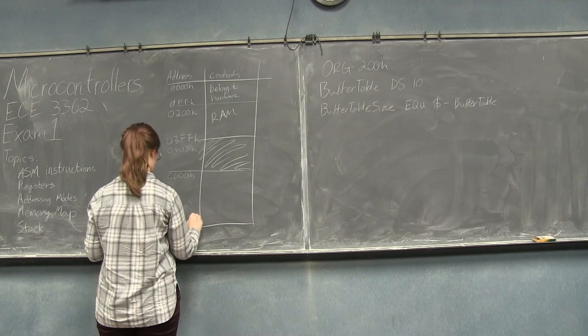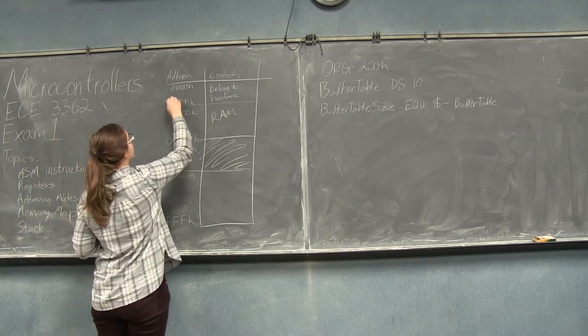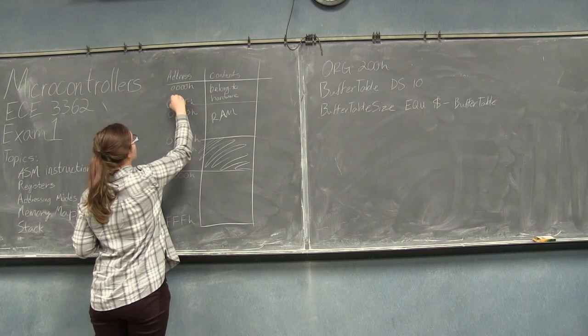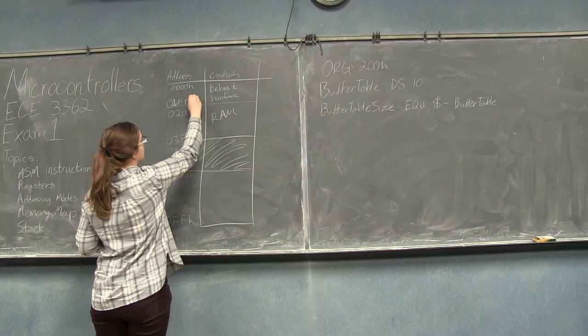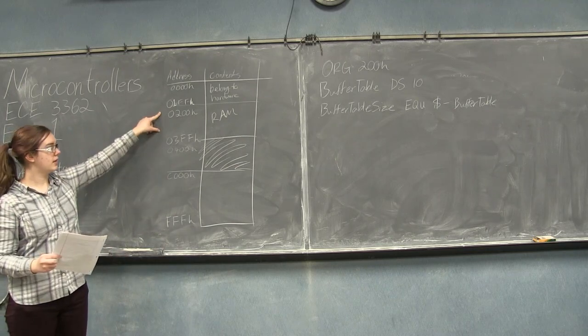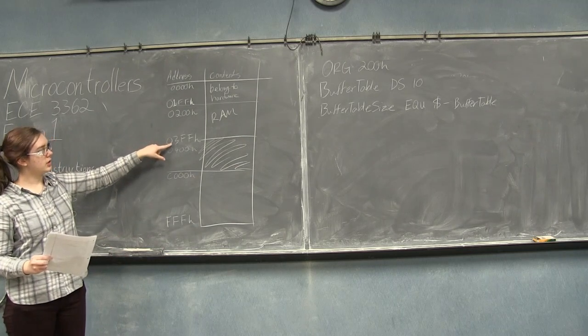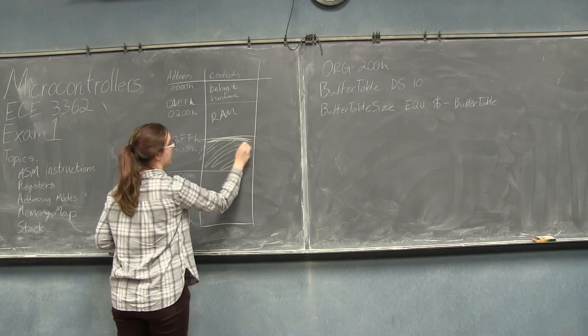The hardware goes from 0 to what? 0 to 1FF hex. You really just need to remember that RAM starts at 200 and goes to 400. Functionally 3FF, because 400 is like this top right here.